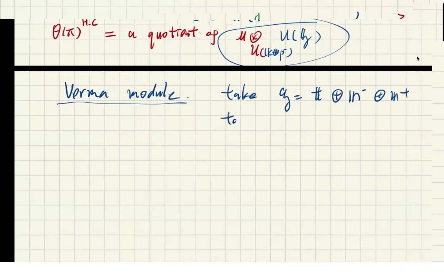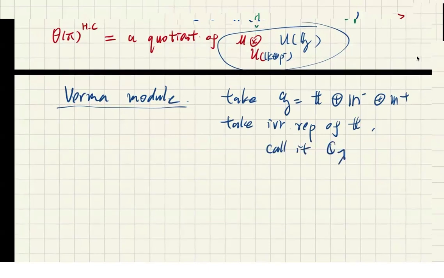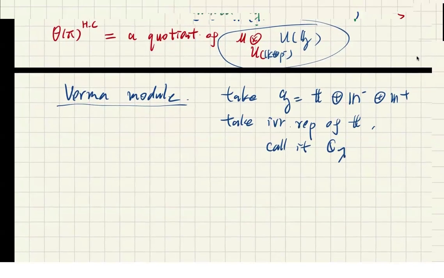You take an irreducible representation of T, so we call it C lambda, where lambda is a weight. So this corresponds to lambda.